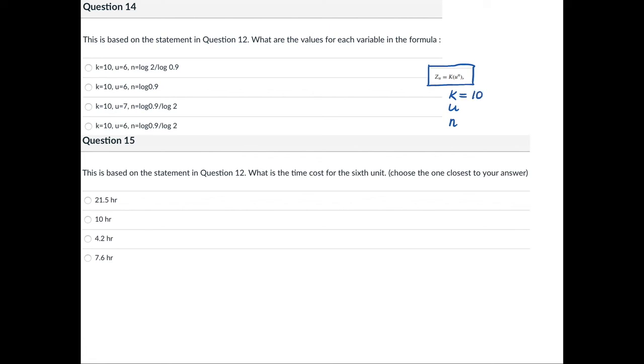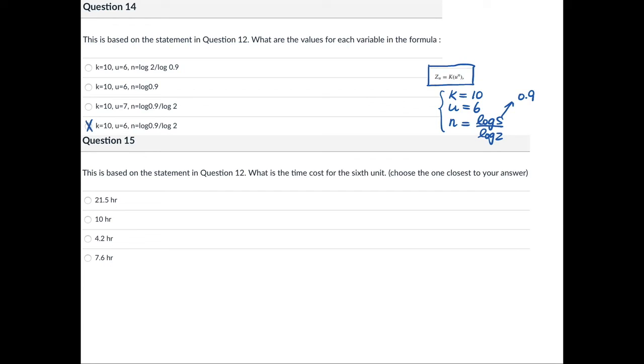And u is which unit you're looking at. Here you're looking at the cost for the sixth unit, so u is going to be 6. And n, we said n is log s over log 2. What is s? S is the learning rate, which is 0.9. So if you compare this with the answers, this is going to be your right answer.